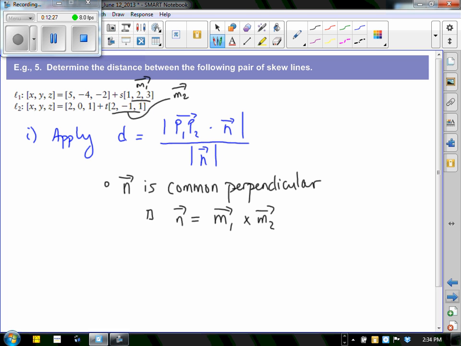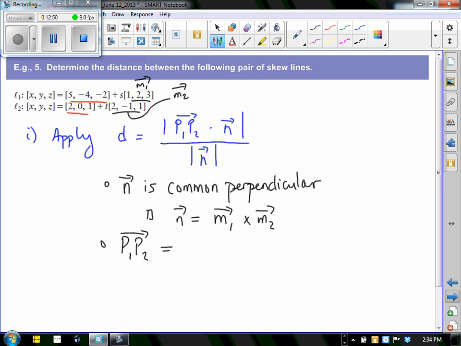Last but not least, when we're going to look for P1, P2, that is to calculate P1, P2, we need 2 points off the line, and those we have before us that are these here. So P1, P2 can be found as follows, and I'm just going to actually do this right now.